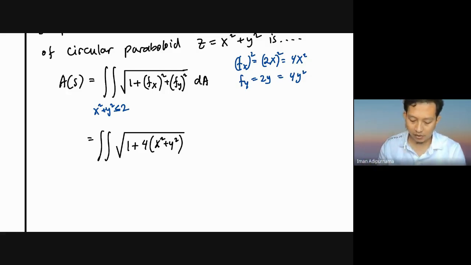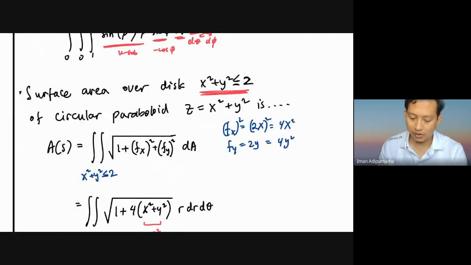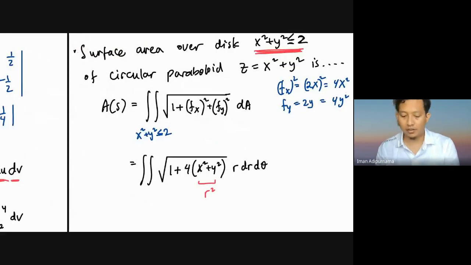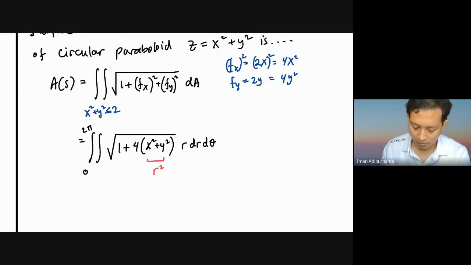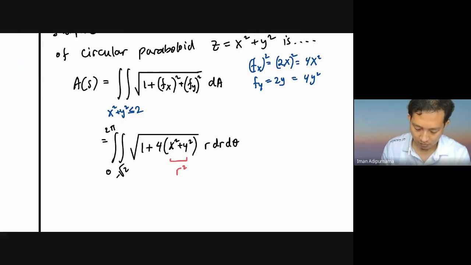By looking at this equation, you know that this x squared plus y squared we can convert to polar because it's a circular equation. So this is r squared. And by doing that, we need to convert this to dr and d theta. Because it's only a circle and there's nothing else provided, we just assume it will be a full circle, and the radius is given.